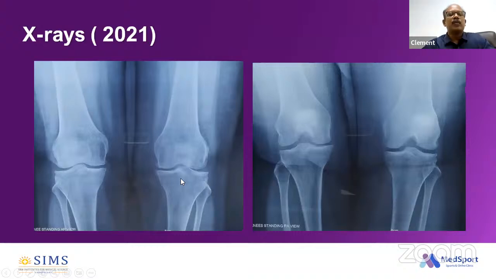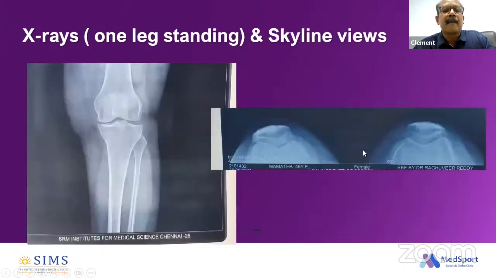Now we go to the X-rays taken in 2021, 2 years ago. It shows a good medial and lateral joint space. And this, I think, is a tunnel view or Rosenberg's view taken in a particular hospital. And this is the present one-leg standing view, and these are the skyline views. Obviously in the one-leg standing view, you can see joint space narrowing in the medial compartment.